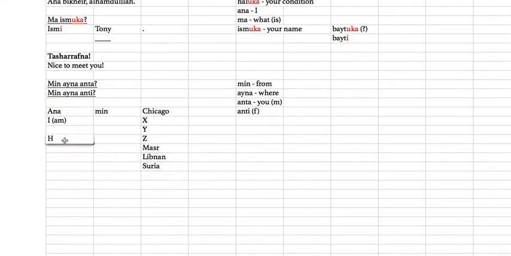Now, if I say hal anta, it means are you. Hal is just a yes or no question. So are you? The effect here, if you haven't seen it before, is a matrix, because I can go, I'm from Chicago, I'm from Masr, I'm from Lebanon, and so on and so forth. Or, are you from Chicago? Are you from here? So you could ask me, Tony, are you from Chicago? Ask me, hal anta min Chicago, Tony. All right, pause and say, hal anta min Chicago.